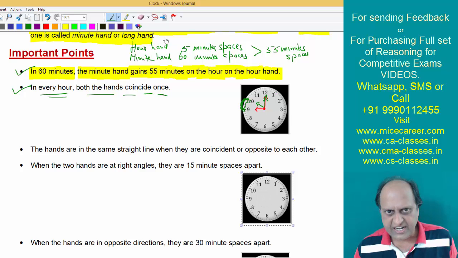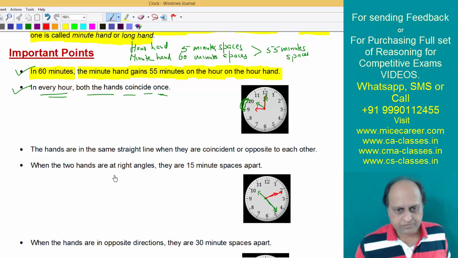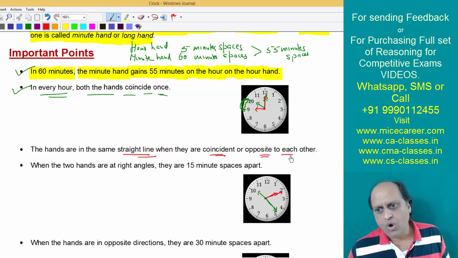When they are in this position, or they overlap each other, they coincide like this. So they are in a straight line when they are coincident or opposite to each other.